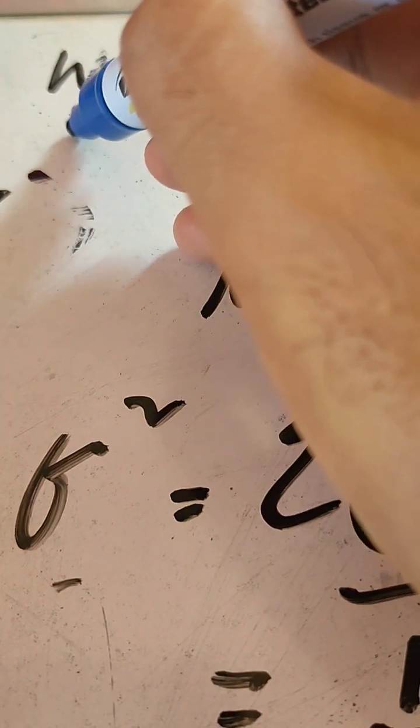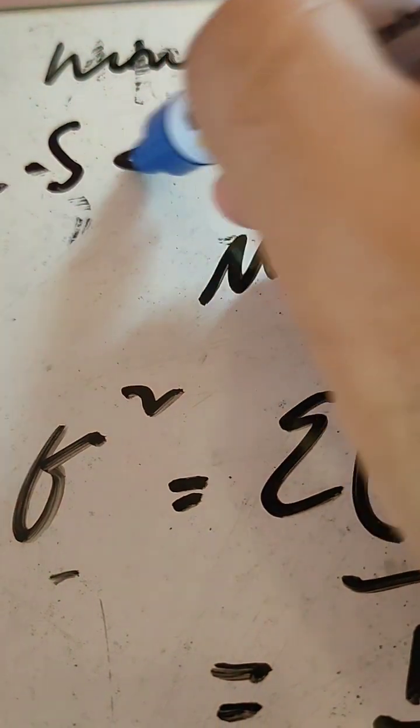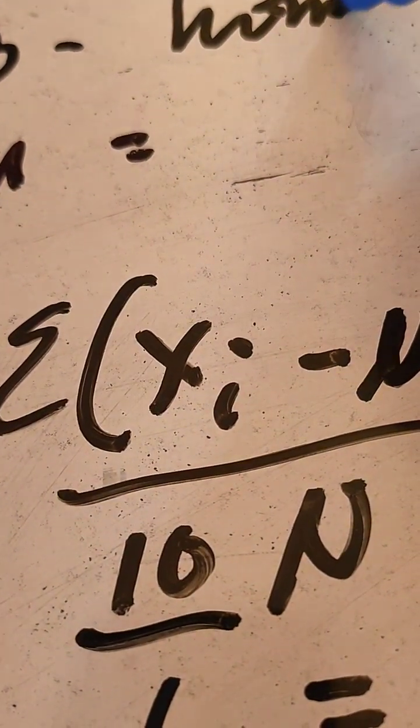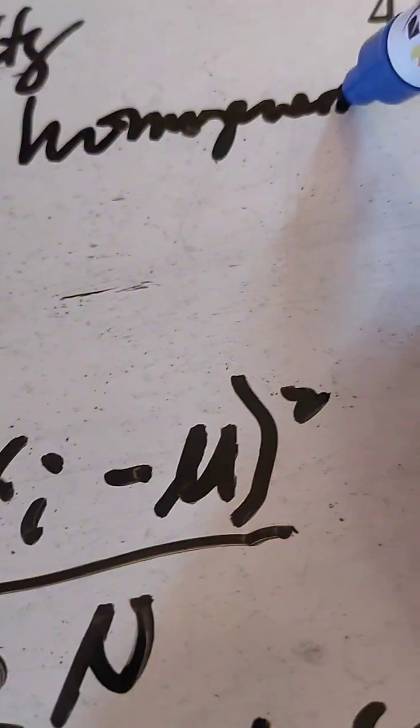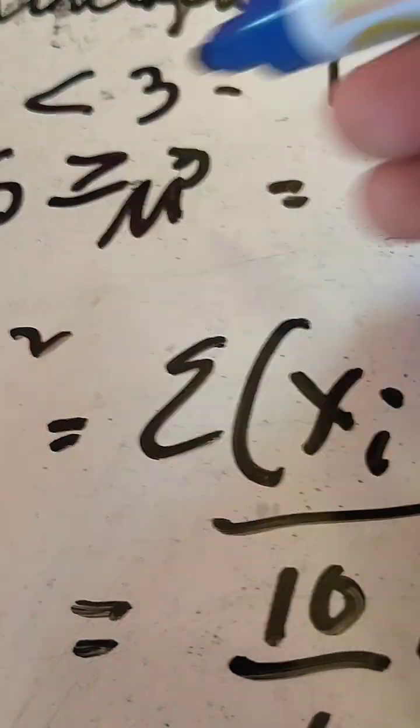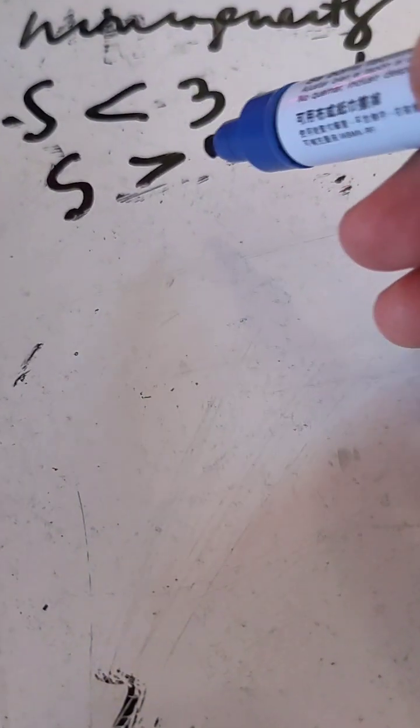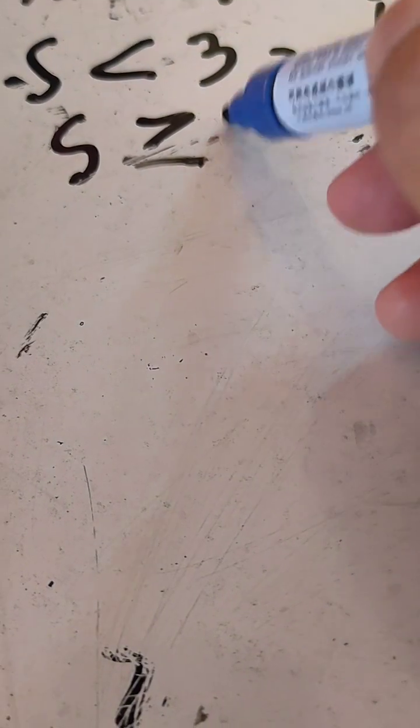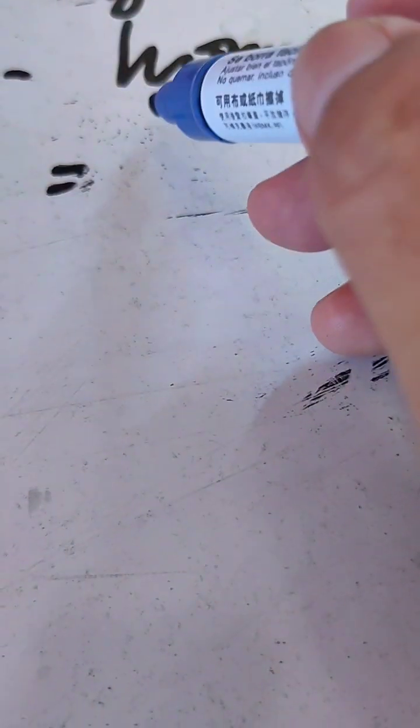If your S is less than 3, that is homogeneous. You have a homogeneous data. If S is greater than or equal to 3, then it is heterogeneous.